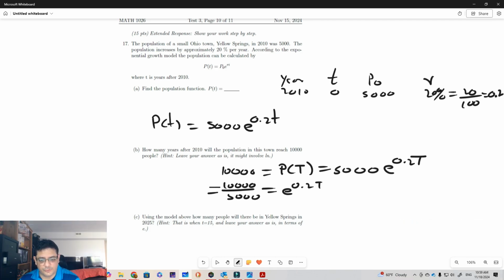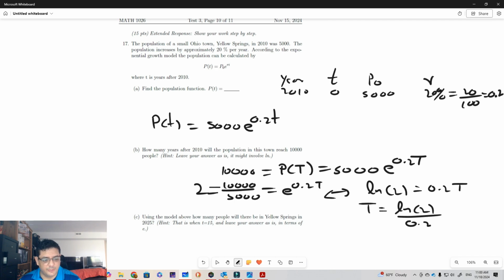This is of course 2. 10,000 divided by 5,000 is 2. And so now I can apply the log on both sides. So log of 2 is going to cancel the e here, and I'm going to have 0.2t. And so t is just going to be log of 2 divided by 0.2.